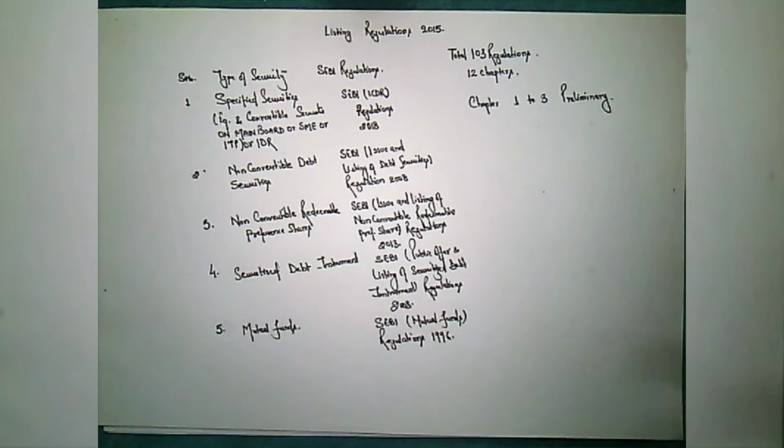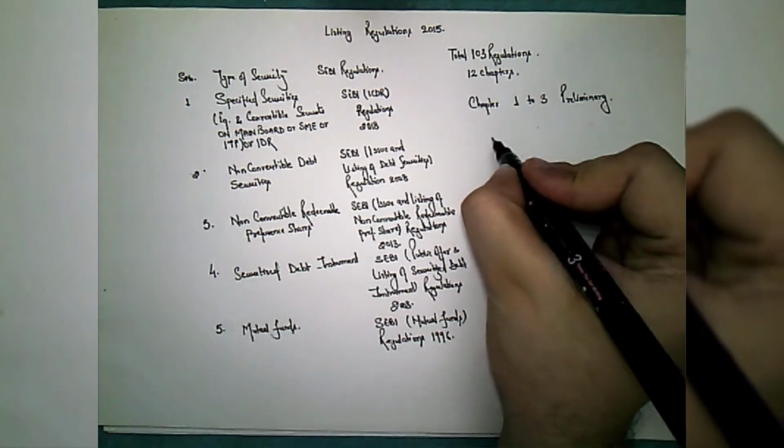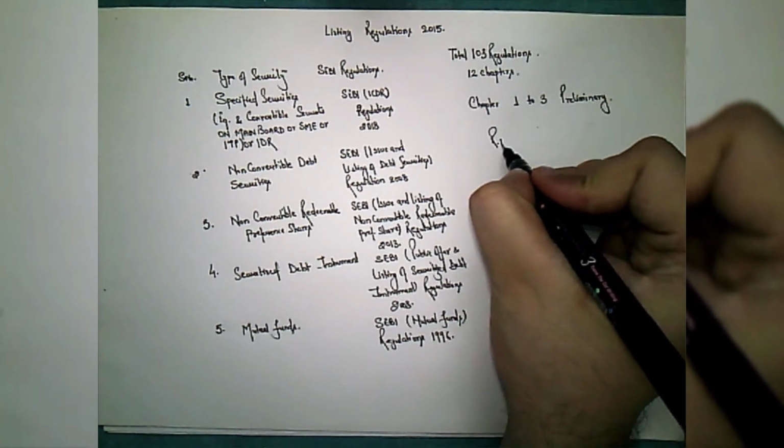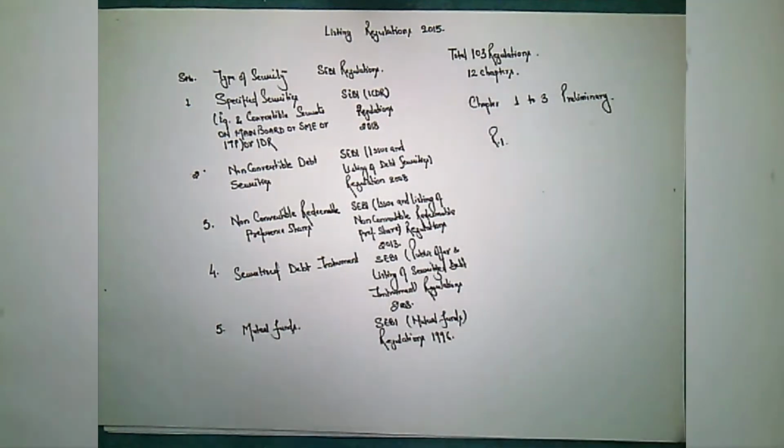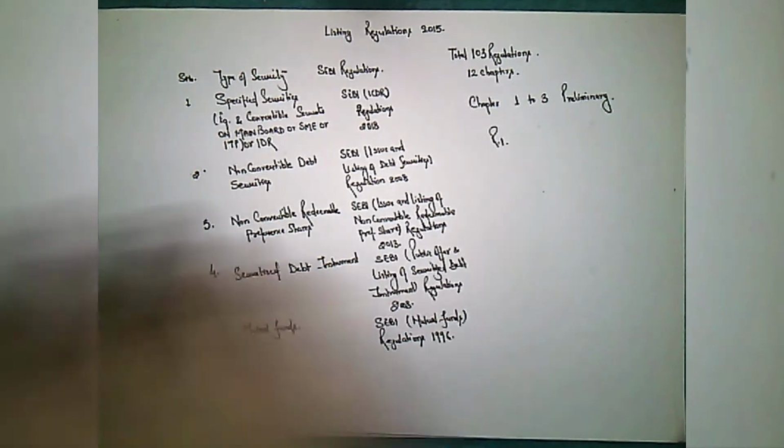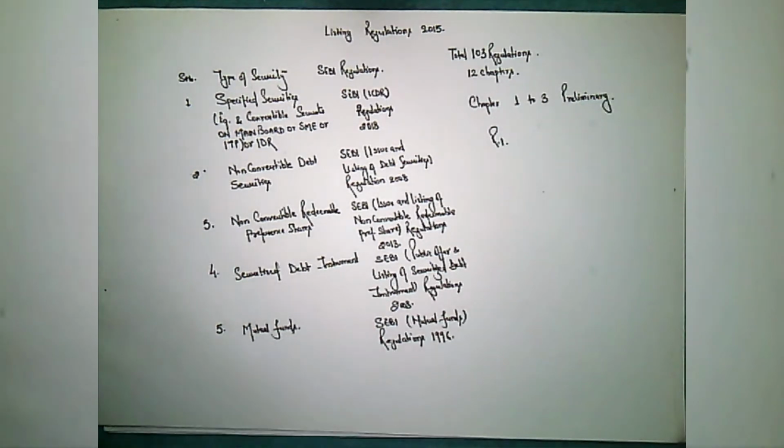All right, now before I get into the details around it, let me just give you a heads up. In order to give effect to the requirement of listing regulation, a simplified listing agreement was introduced, which was SEBI LODR for the entities.